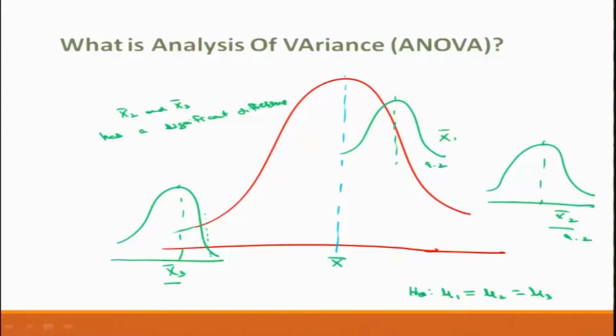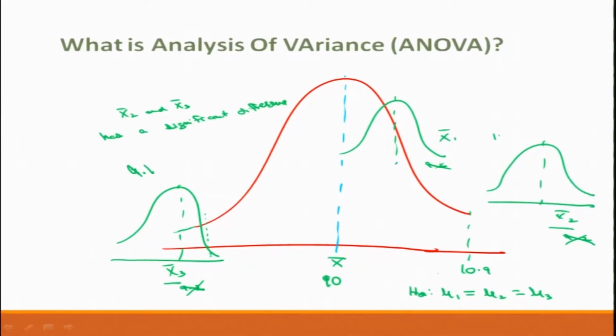Exactly equal means, for example, this mean is 9.2, this would also be 9.2, this mean would also be 9.2. This is not the case. If this mean is, suppose, 10, this 95% limit is, let me say, 9.1, and here I have 10.9 as my 95% interval limits.